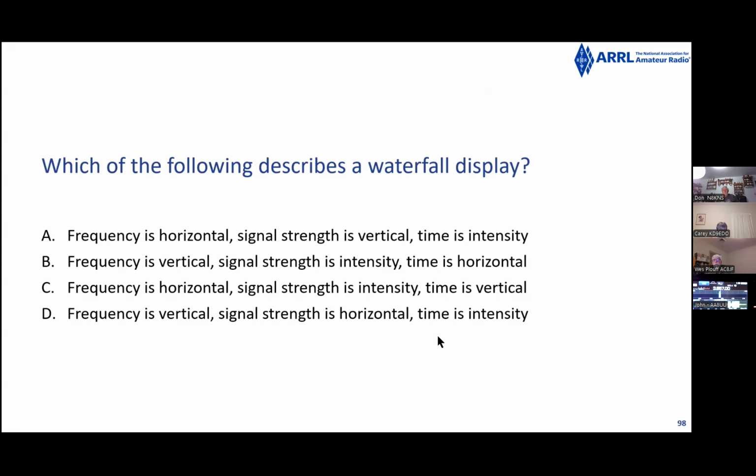Another trick question. Anyone want to guess? Do you remember what the displays were? Frequency is horizontal. Yep. So far, so good.